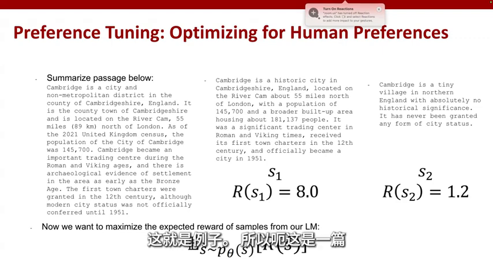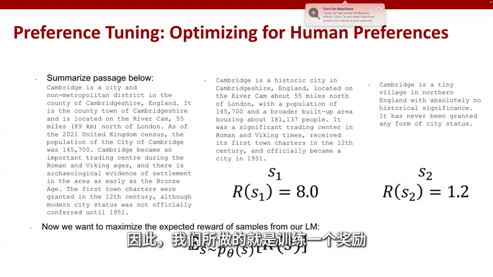Here's an example: an article taken from Wikipedia, and we ask the model to summarize the passage below, and the model outputs maybe a good summarization and a bad summarization.